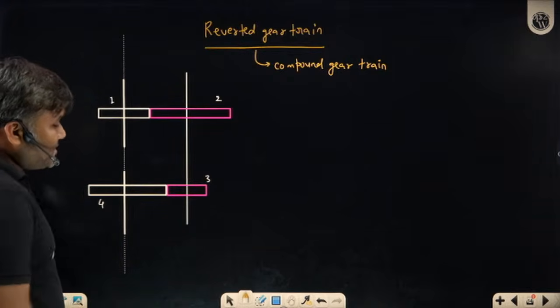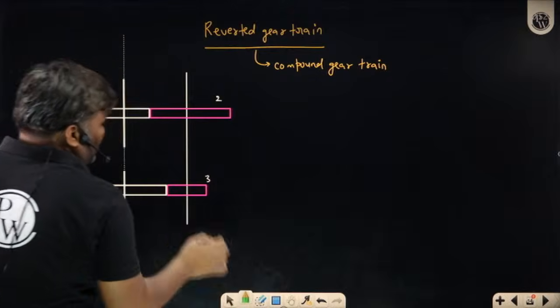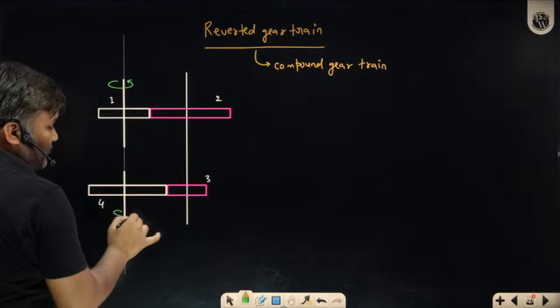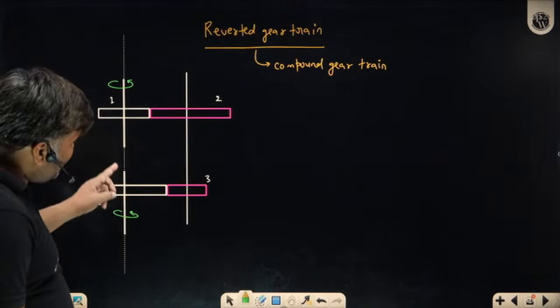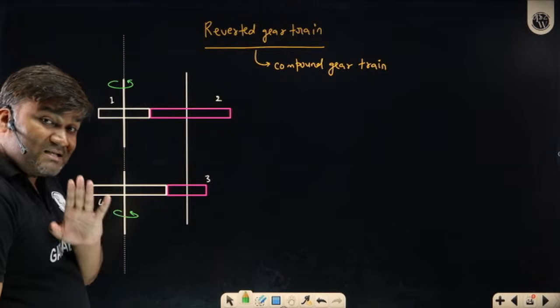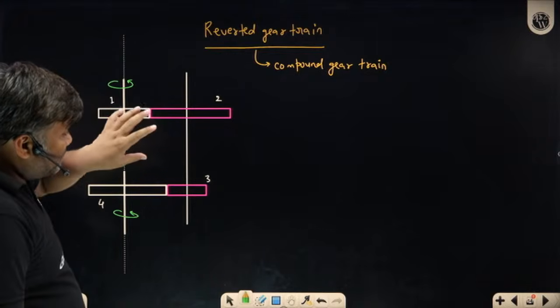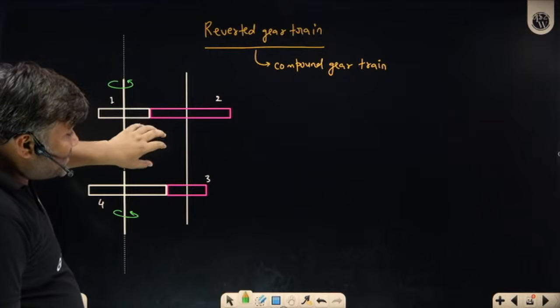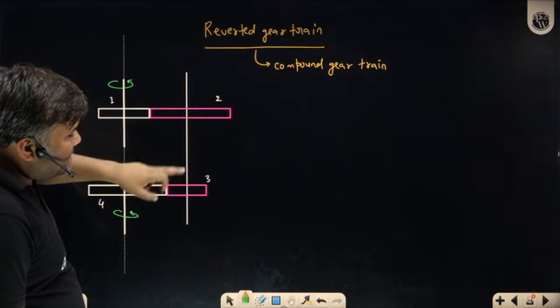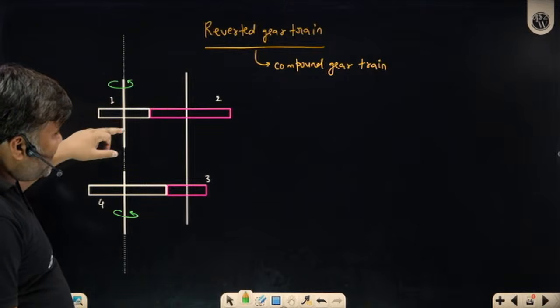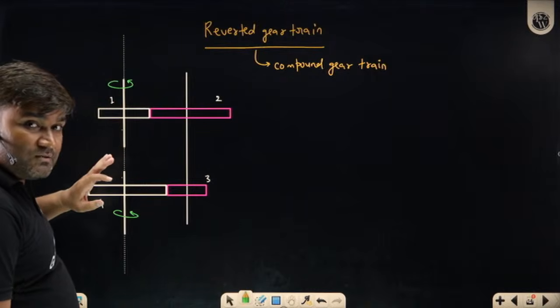So how many of you can see, sir, whatever axis gear 1 is rotating about, the same axis your gear 4 is rotating about. Axis of rotation is same. In this view it is clearly visible which gears are on the same shaft and which gears are on different shafts, just coaxial.